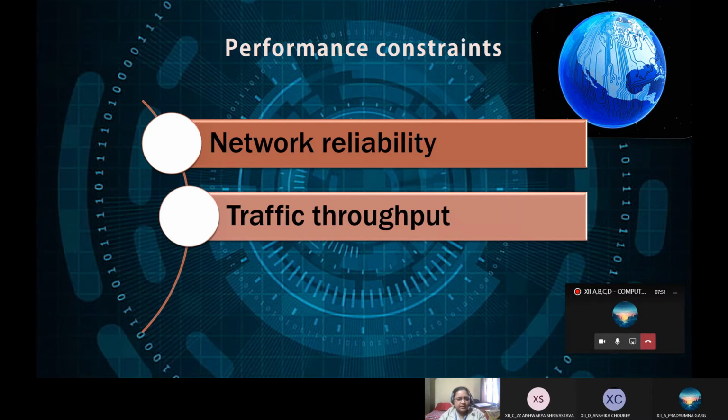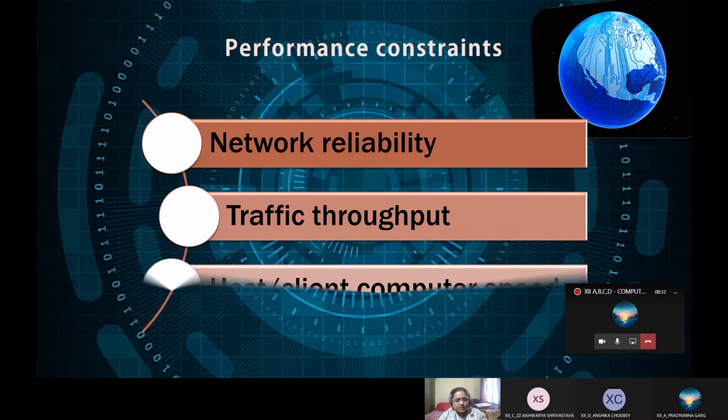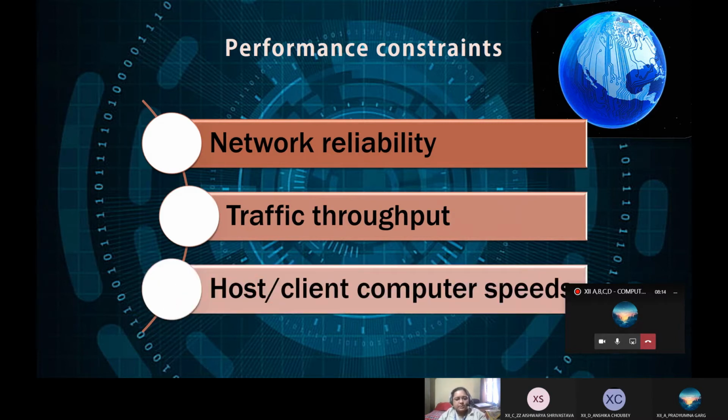So traffic should not create congestion in the network, but it should not be that just because we don't want congestion there won't be any traffic. No, traffic has to be allowed, but there have to be ways and means to figure out how this traffic can be efficiently managed. Host client computer speeds, so it will also depend upon the speed of the computers which are connected.